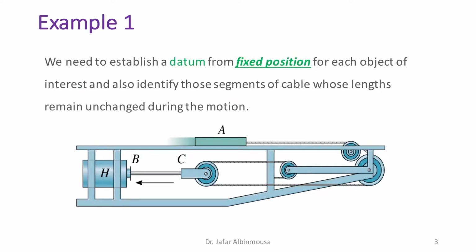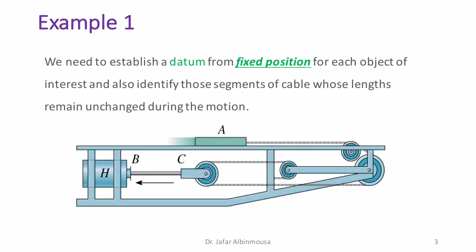So we will need to start with establishing a datum from a fixed position for each object of interest, and also identify those segments of cable whose length remains unchanged during the motion. So if you want to do that, let's start with the datum.